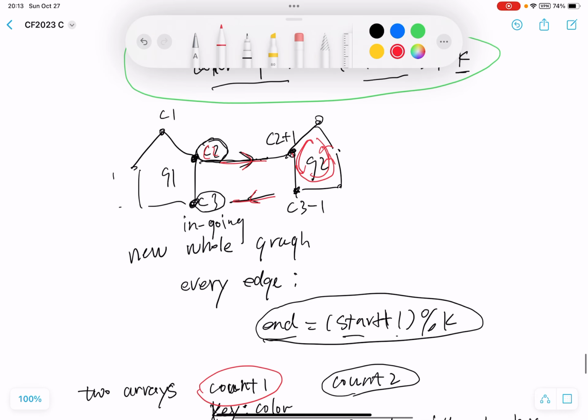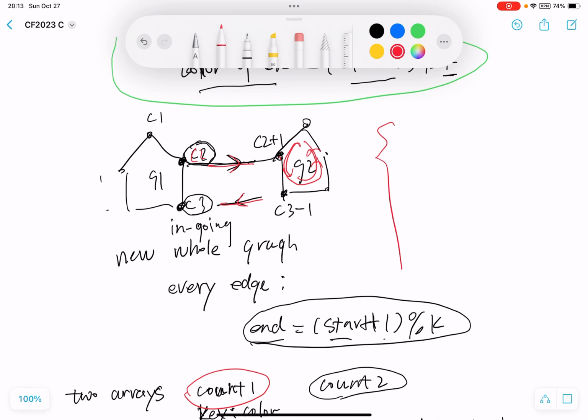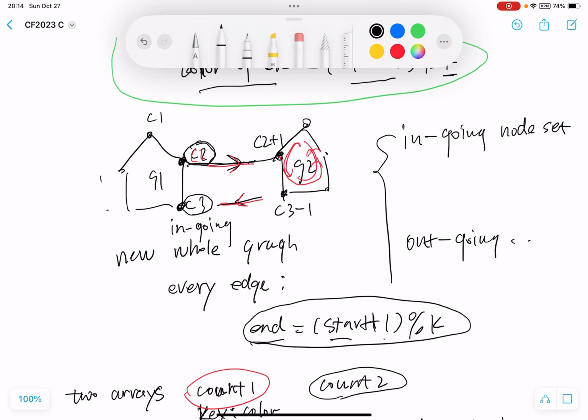That means for the ingoing node set and outgoing node set in the graph 2, the shift position is not the same, because for the same color in graph 1, for the ingoing node in the graph 2, the shift position will be C2 plus 1. That means the important part is plus 1.